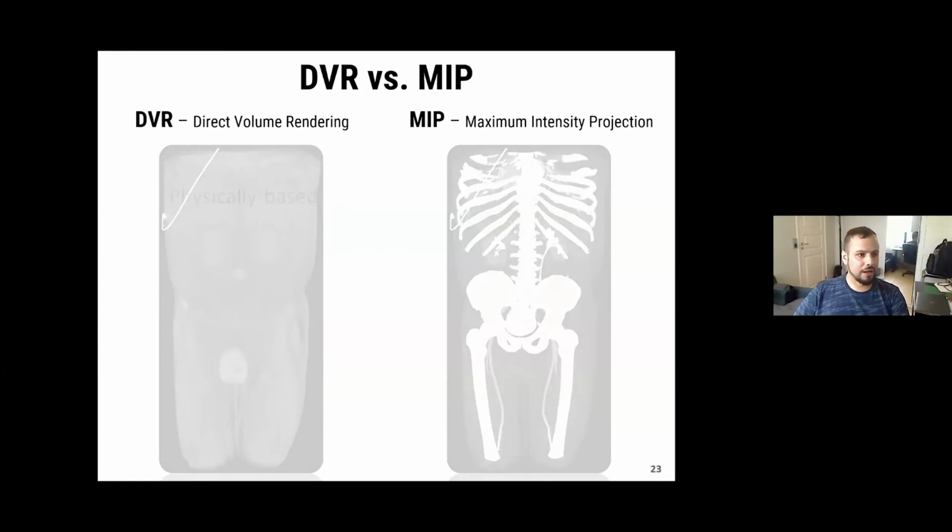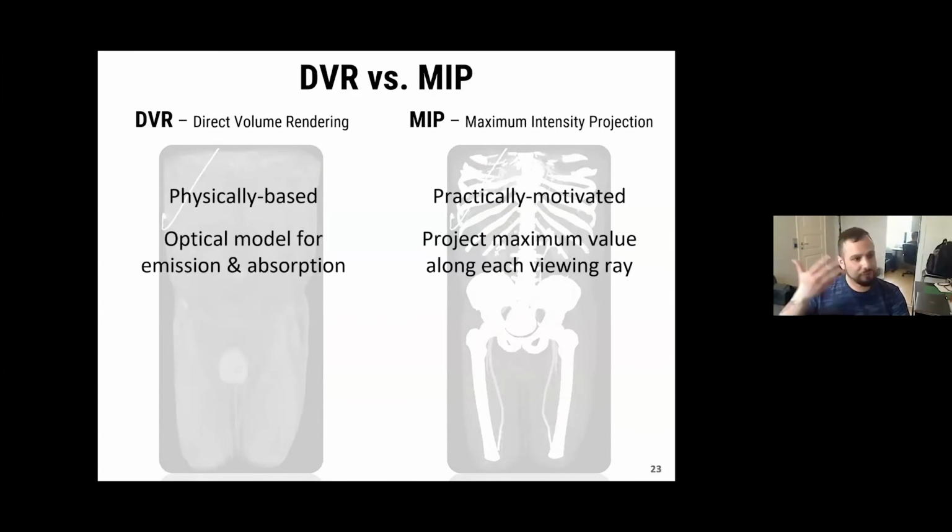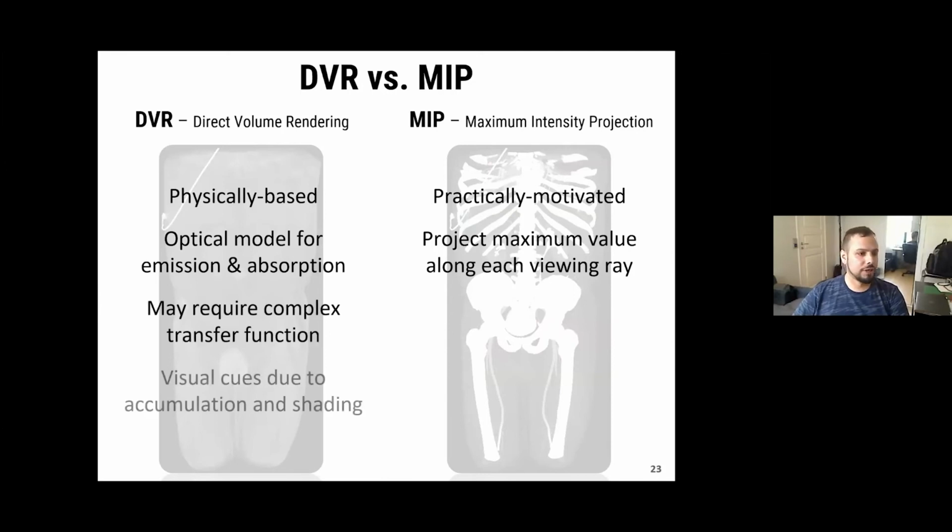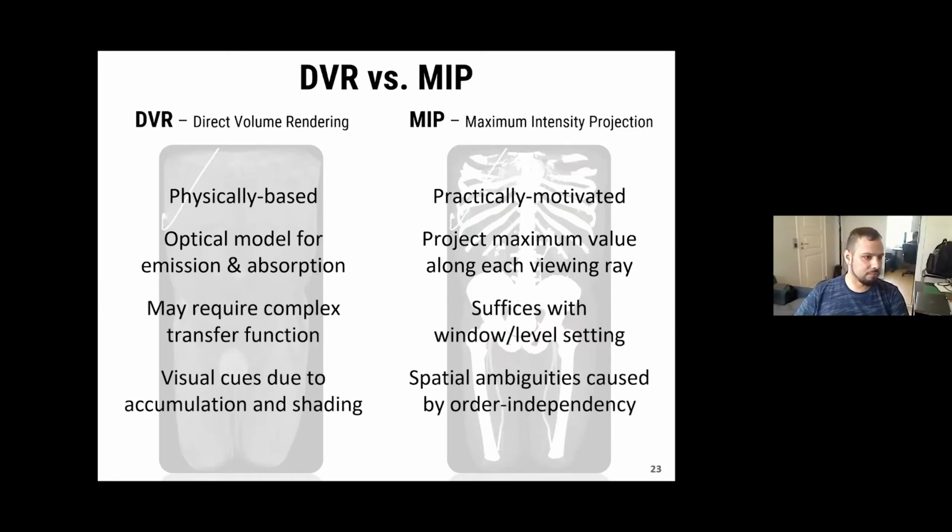So practically, we compare a physically based approach with a practically motivated approach, and ideally, you would actually have the advantages of both of those, because by simulating light transport, we get additional cues about the spatial relationships in the data set.